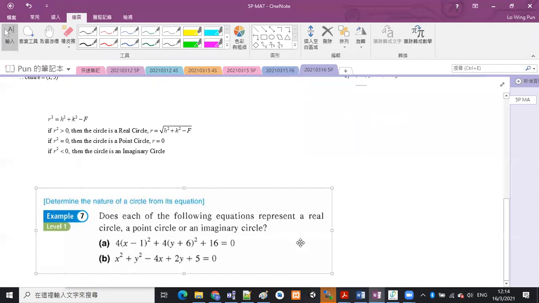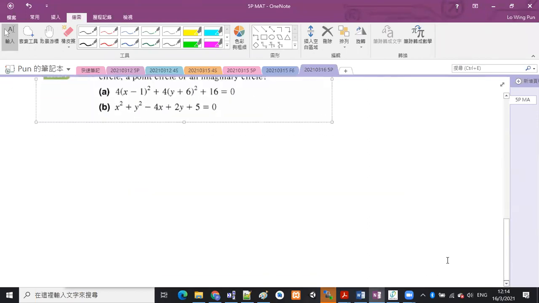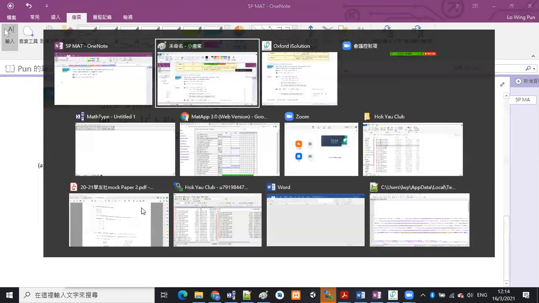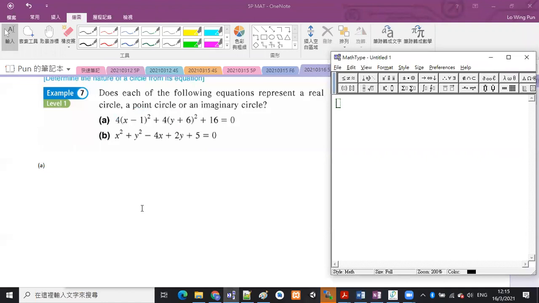Does each of the following equations represent a real circle, a point circle, or an imaginary circle? 好，咁我哋睇睇啦，究竟係屬於邊一個 case 咧？咁即係我哋咧，其實係要計個 R 2次出嚟，係嘛？跟住睇下佢究竟係大過0啊，等於0啊，定係細過0啦。OK，咁我哋咧抄下題目先啊。So we just need to expand all the bracket here.